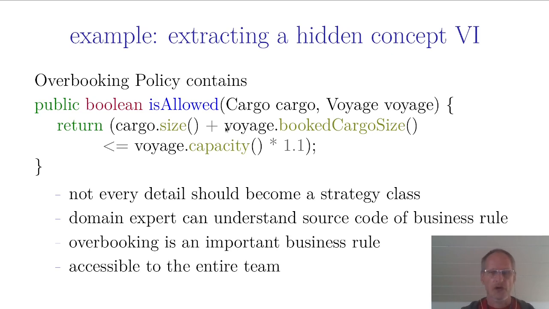Or if you're not working with a purely object-oriented programming language, then there still would be a data type that reflects what kind of function can be passed in for determining whether this would be allowed by the overbooking policy. And so the type name could then represent this insight that there is an explicit overbooking policy at play.